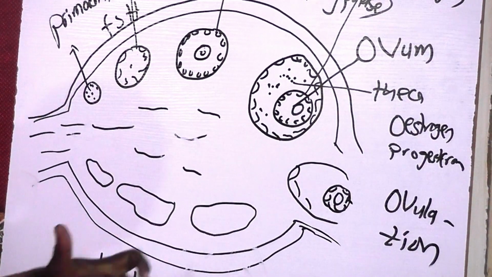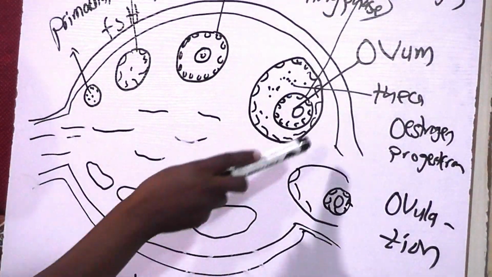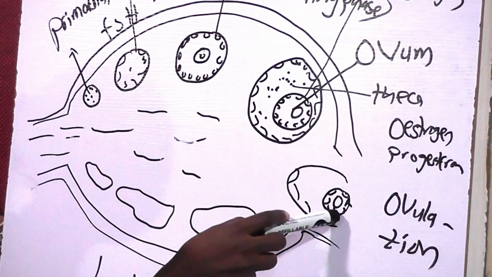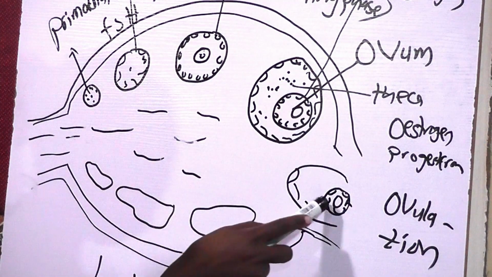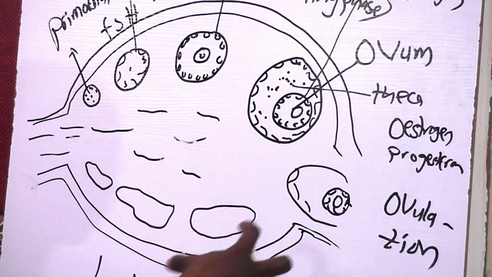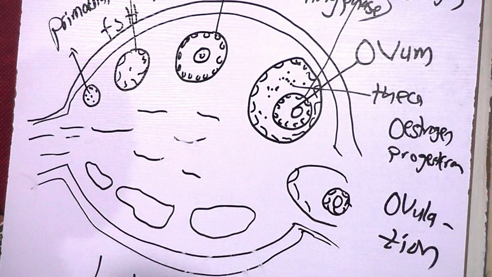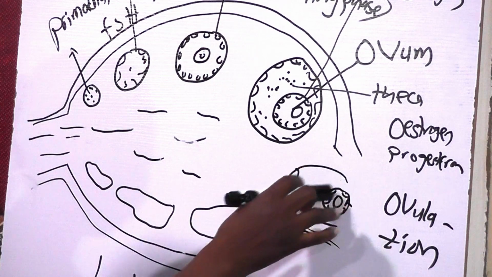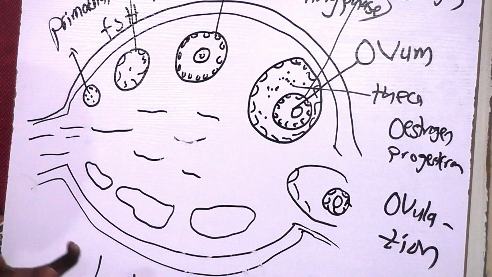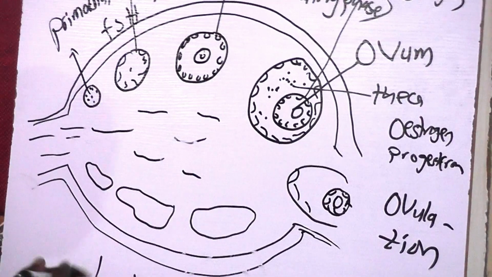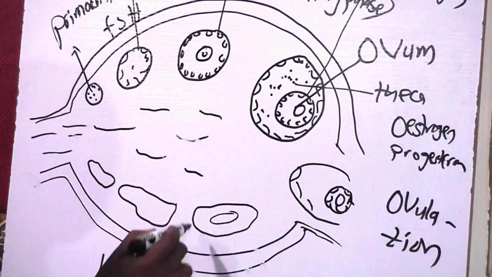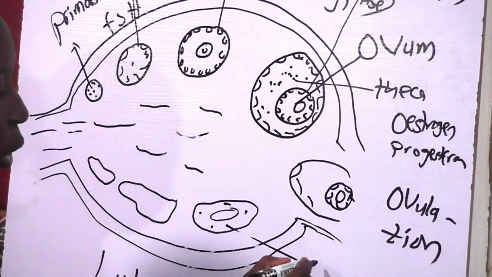So the Graafian follicle now attaches itself to the wall of the ovary, and then it releases the matured ovum so that it can be caught by the fimbriae of the fallopian tube. Now, once this matured ovum is released, the follicle that ruptured will close itself. It will fix itself, and it will become filled up with blood, and it will now become corpus hemorrhagicum.